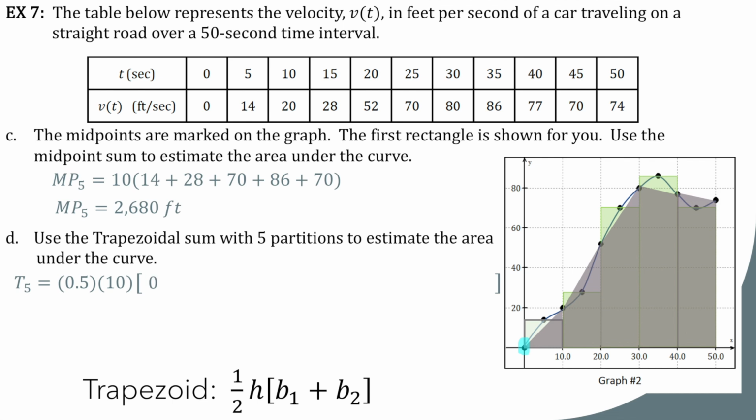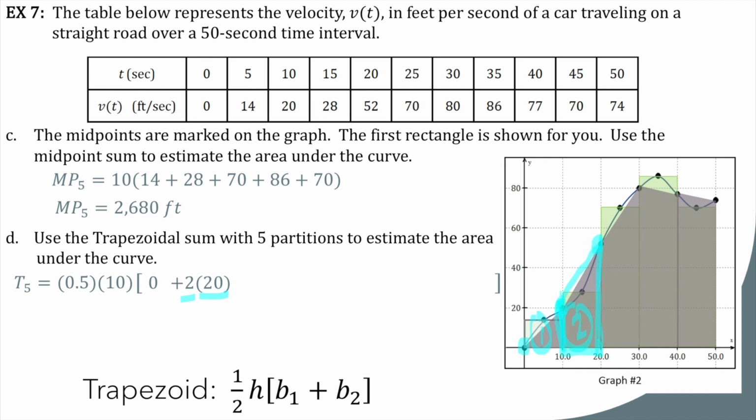And the second base is 20. But that 20 is used both for the first trapezoid and the second trapezoid. So let's write that down. We've used 20 twice.